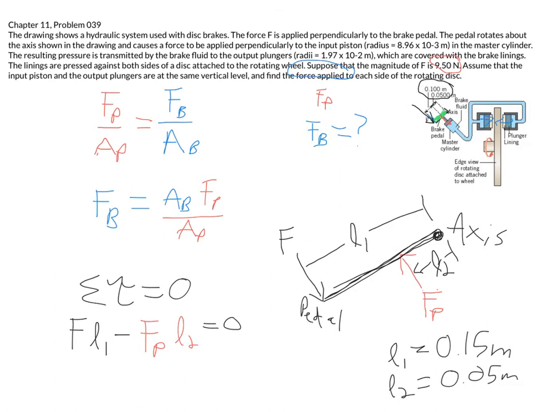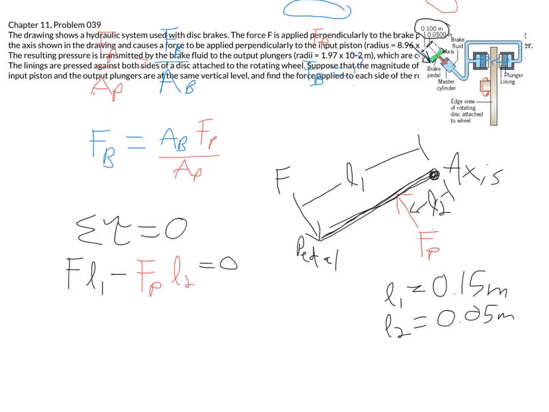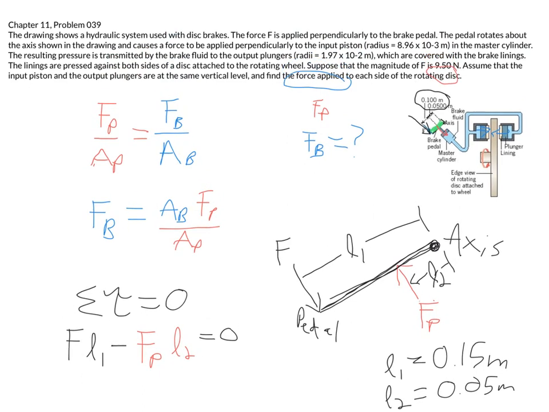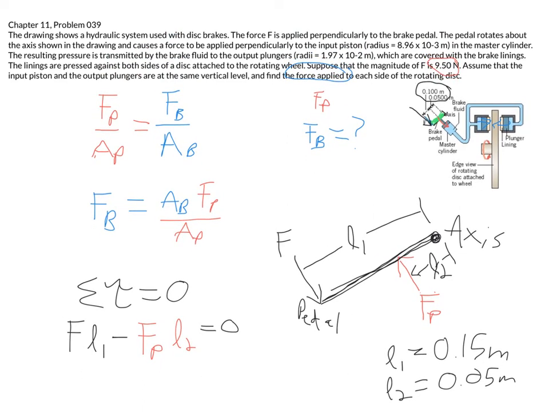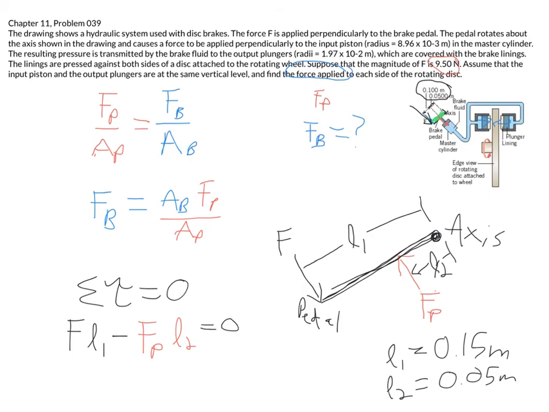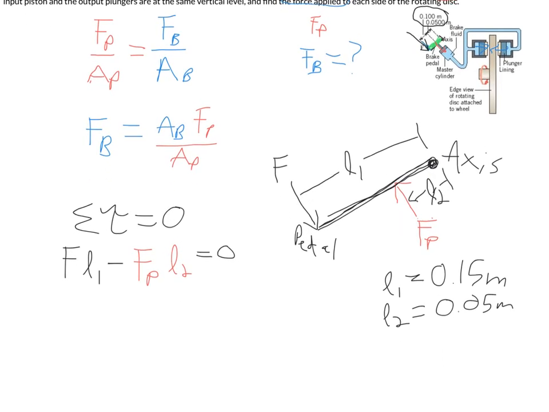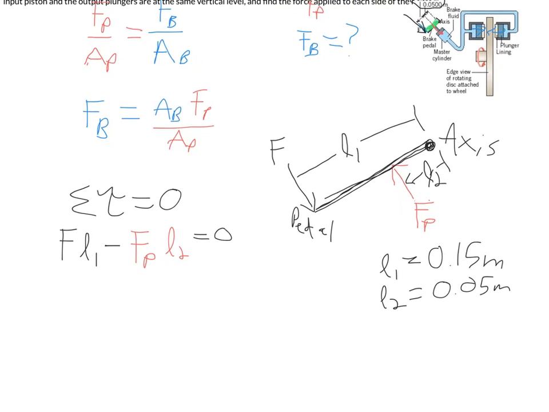So we can solve for FP in terms of our original force. Doing the algebra, FP is equal to F times L1 over L2. Then we can take this FP, plug it in, and determine FB.